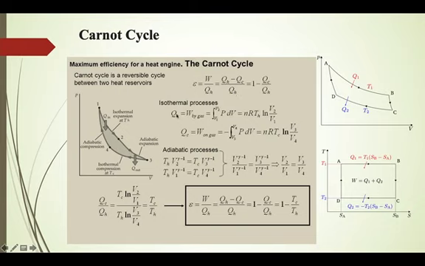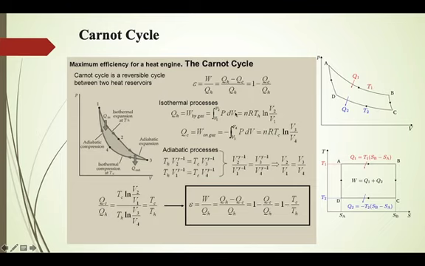Now here we have to make an expression for the amount of heat that is absorbed from the higher temperature source, that is QH. The amount of heat absorbed is equal to the work done, because it is an isothermal process, and according to the first law of thermodynamics we know that delta Q is equal to delta U plus delta W. Now delta U is 0, therefore delta Q is equal to delta W. Work done is equal to the integral of PdV. So the integral from 1 to 2 of PdV is the work done, which can be written as mRT or nRT ln V2 by V1.